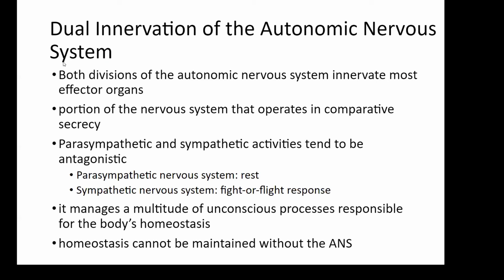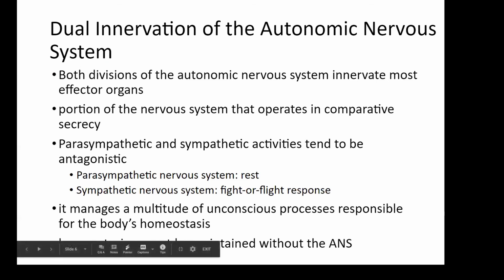But we really, really want to remember this first bullet point, that our organs are going to be getting communication from both our sympathetics and our parasympathetics. So while we want to associate the parasympathetics with rest and the sympathetics with fight or flight, we don't want to think about any specific organ as being the responsibility of just one part of the nervous system, because they're always going to be kind of balancing off.